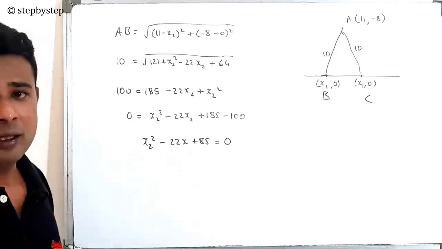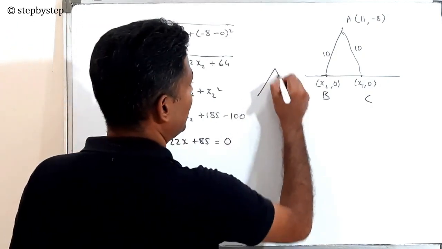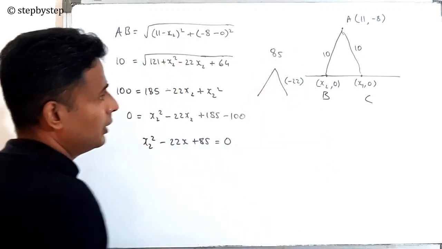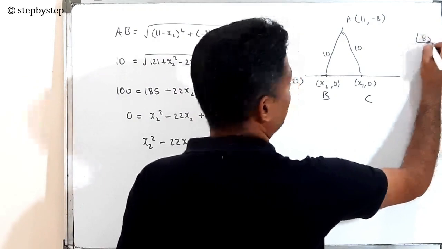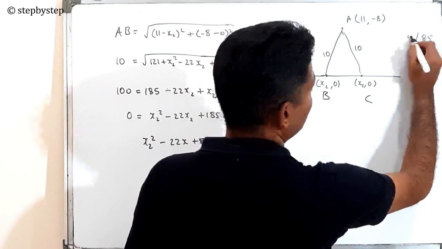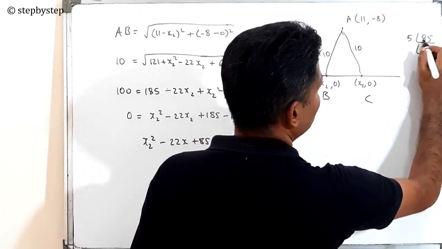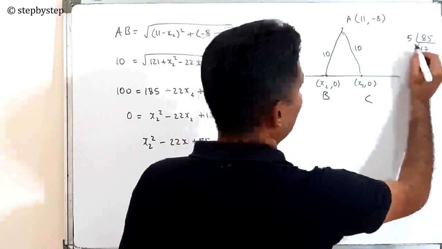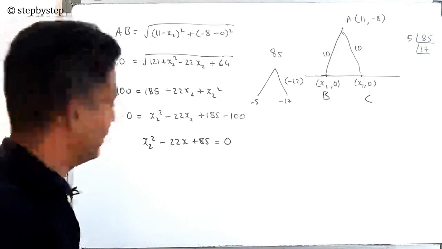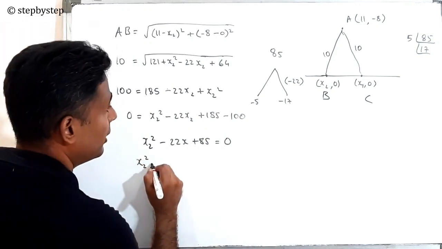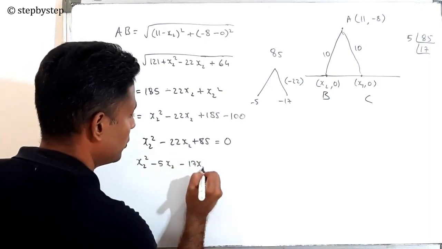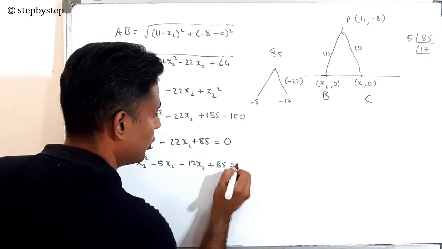Now this is a quadratic equation. When you multiply, you need to get 85, and when you add, you need to get minus 22. The easy way to find this is to prime factorize 85: 17 and 5. So minus 5 and minus 17 are the two numbers. So x2 square minus 5x2 minus 17x2 plus 85 equal to 0.